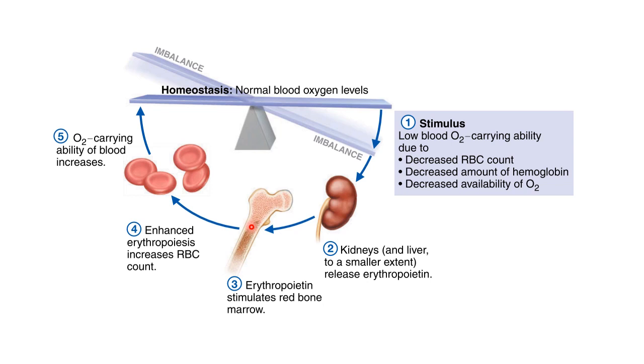The erythropoietin that goes into the bone marrow is utilized by stem cells to hasten the development of red blood cells. And so you will have enhanced erythropoiesis. And this increases the red blood cell count and the hemoglobin concentration. And the final effect of that would be an increase in oxygen carrying ability of the blood, which will normalize the stimulus.